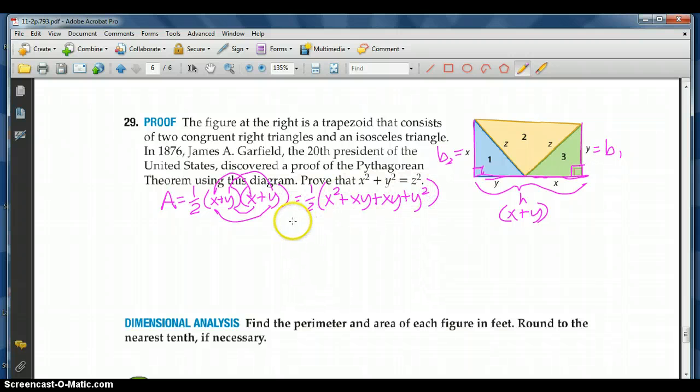And then simplify that. So I get x squared plus 2xy plus y squared. So that's an expression for the area of the trapezoid.